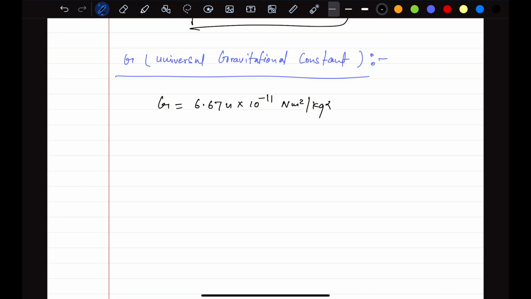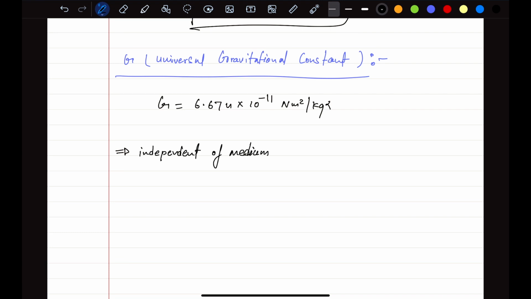Now this G is not dependent on the medium. I mean, if you take the gravitational force acting on 2 point masses which are on the surface of Earth, or you take them in space, that force will not change. It means G is not changing. So G is independent of medium.